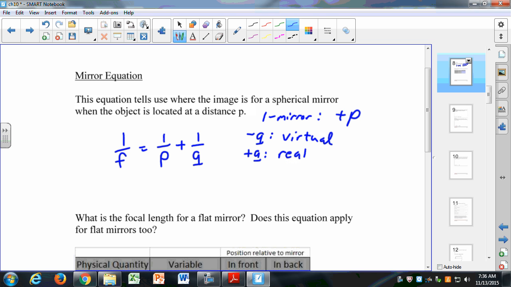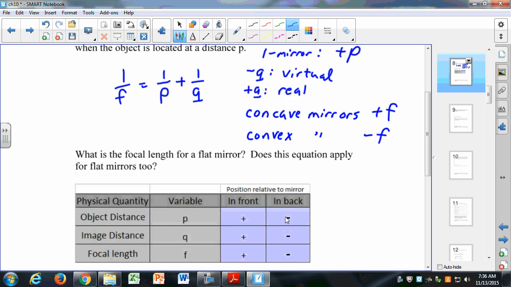I'm going to go ahead and tell you this now: the focal length for concave mirrors is positive. For convex mirrors, they have a negative focal length. All right. What is the focal length for a flat mirror, by the way?